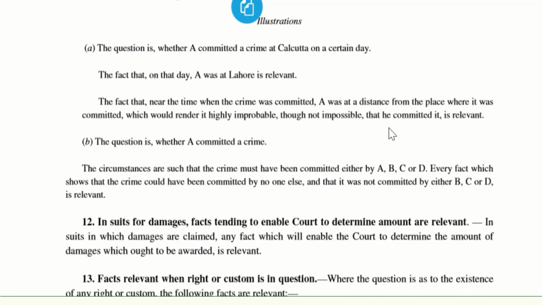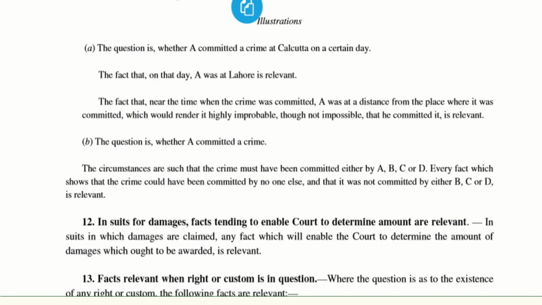And if there is any other aspect which proves that B, C or D did not commit the crime, is also quite relevant. One is, other than this person, that is A, no one else could have done it. Second thing is, B, C or D could not have done it. If there is a fact which shows this, then that is also quite relevant.